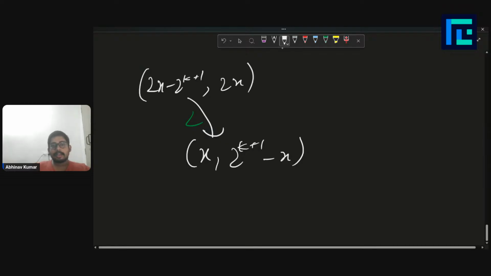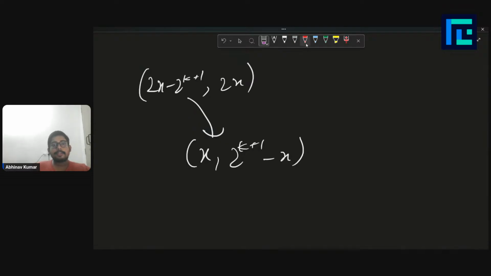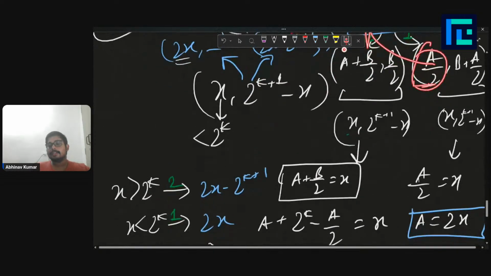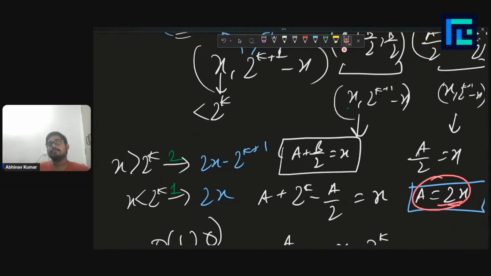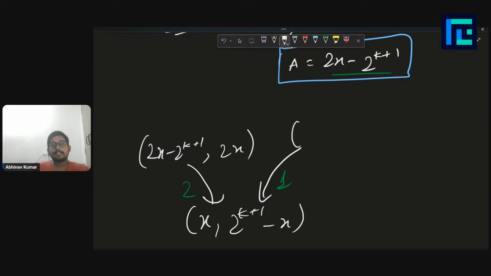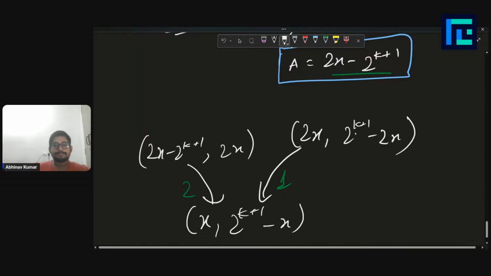And if we came here from operation number 1, then same way we can say that current value is a by 2, previous value was a. That means previous value was 2 times the current value. A is 2x. That means the previous state was 2x comma 2 to the power k plus 1 minus 2x.